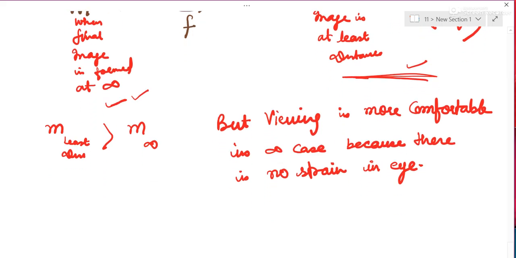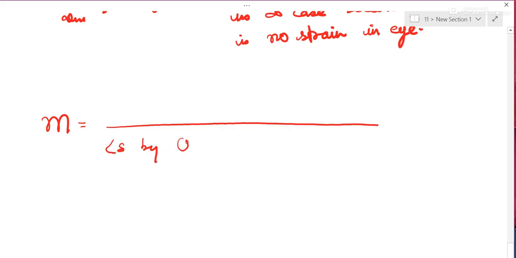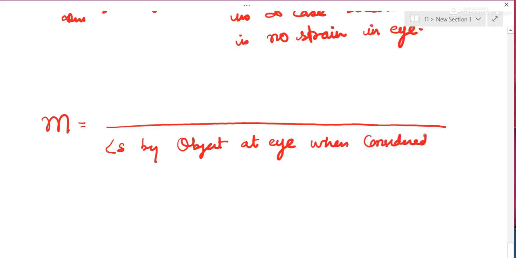So at last I would like to tell you that in the magnification formula for microscopes, the downward one is fixed. It is the angle by the object at the eye when considered at least distance of distinct vision.